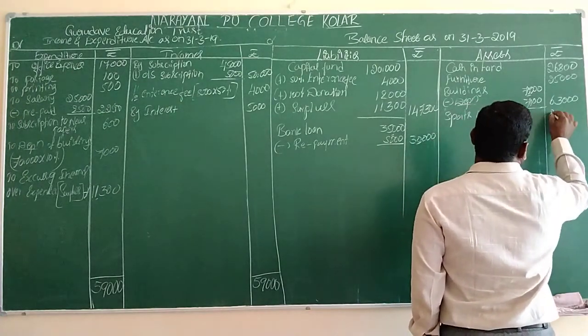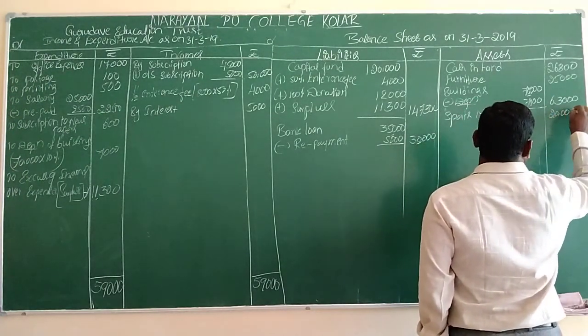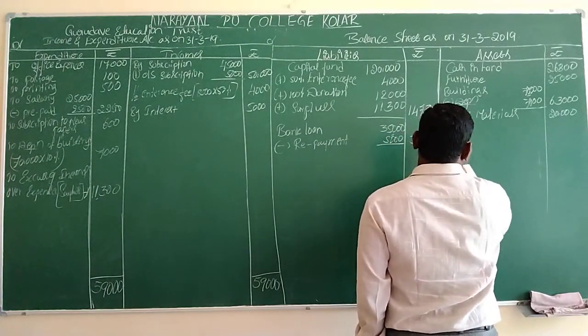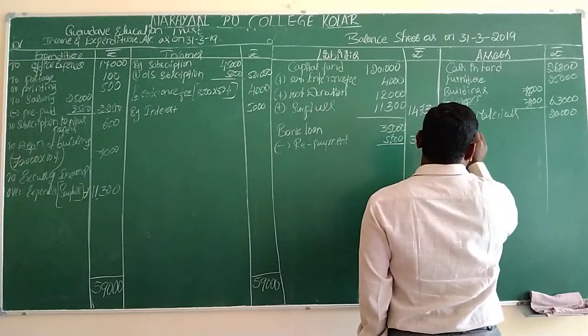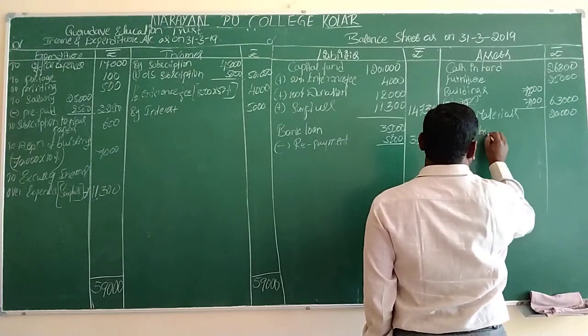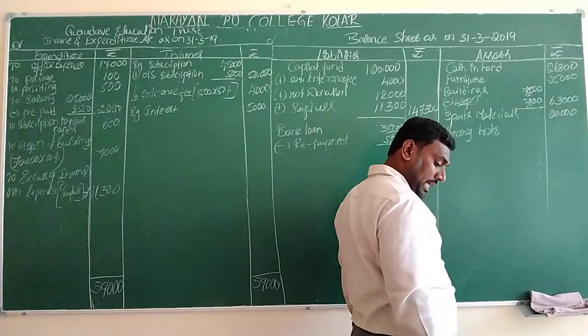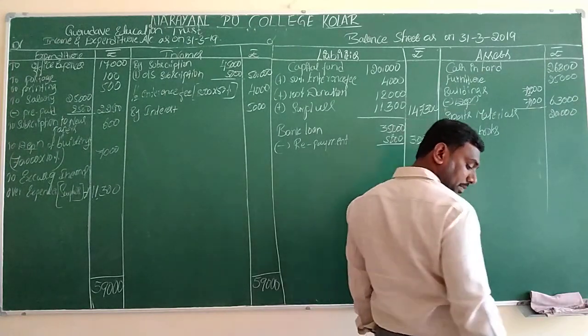The value of sports materials is 20,000. Last is library books. The value of library books is 30,000.